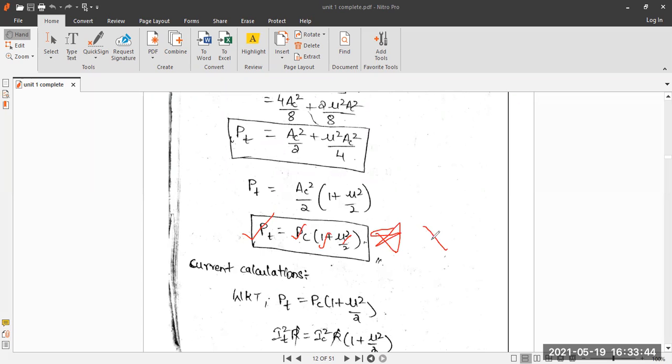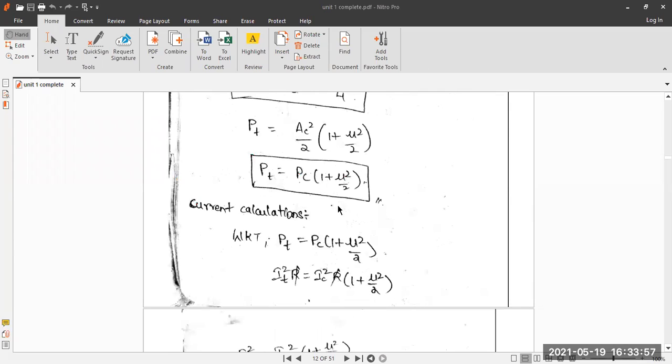This is a very important formula for competitive exams as well as for JNTU exams. So the total power of a single tone AM signal is PT equal to PC into (1 plus mu square by 2).